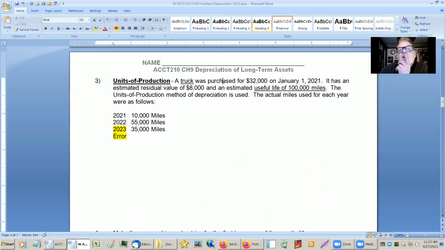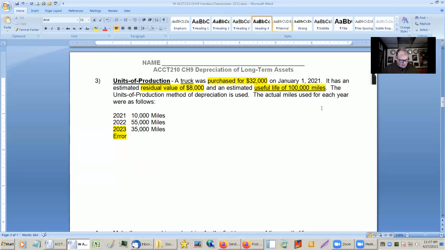All right, so let's get back to the problem here. We purchased a truck for $32,000. This is the same as the first one, except we're going to do a little bit different. It starts out exactly the same.